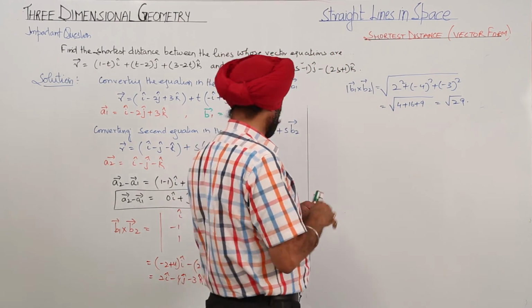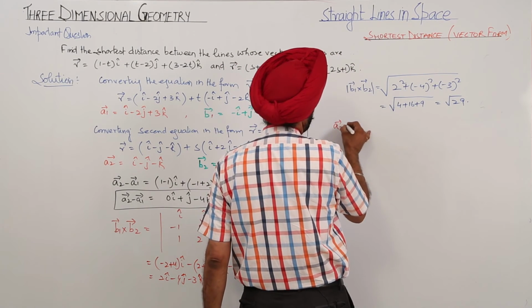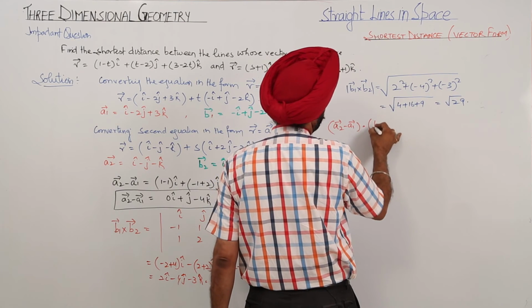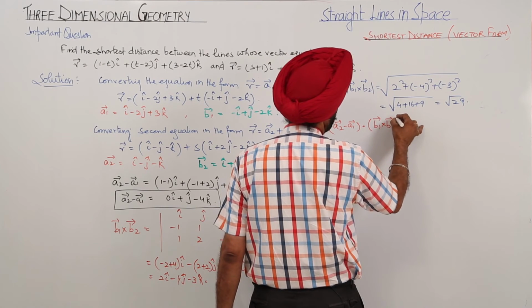Second thing, vector a2 minus vector a1 with dot product of cross product of vector b1 vector b2.